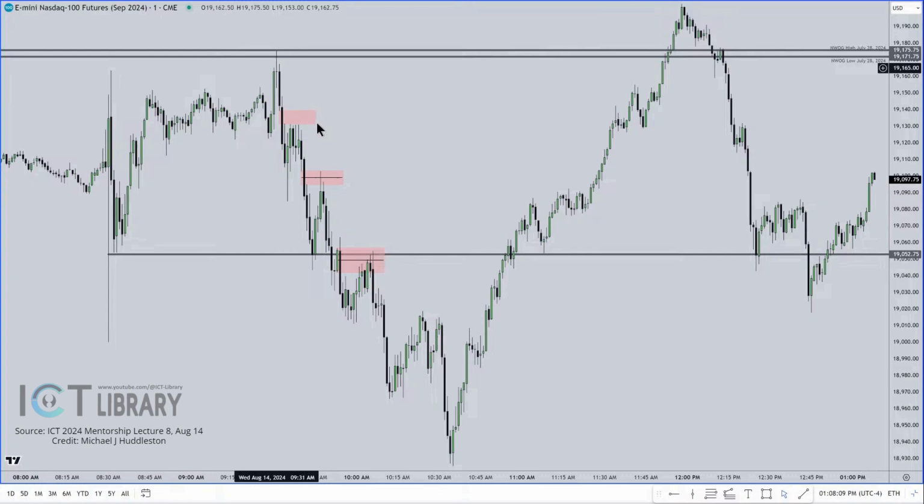Then at 9:30, if it would have poked above it one more time, that would have been a turtle soup, and I would have said right here, screenshot that while it's bold-faced up, and then when it's dropping down, I'd say that's exactly what the turtle soup looks like as it forms like this.